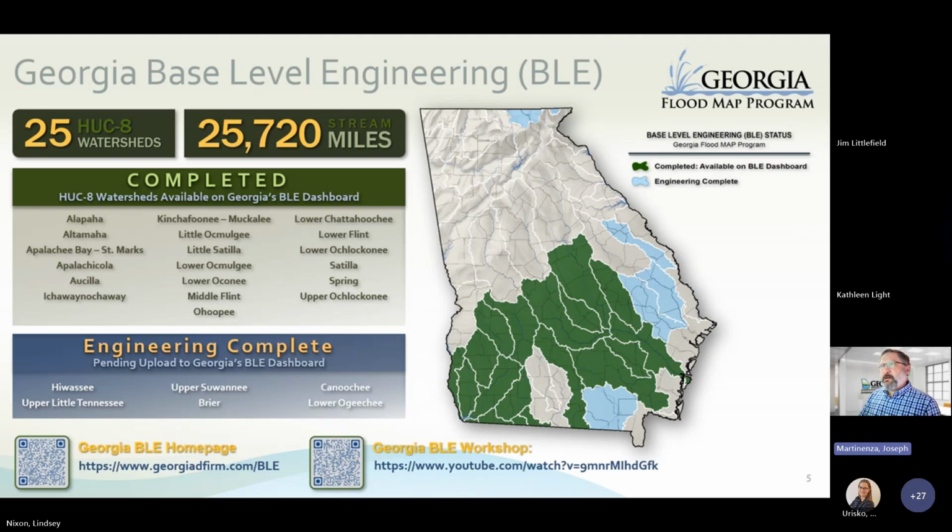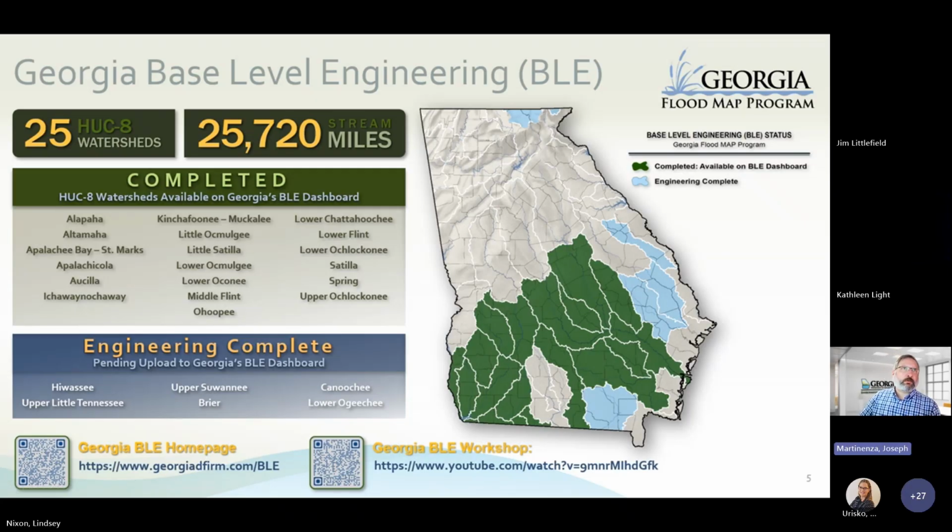So if you're not familiar with those, we're doing basically Grady, Thomas, Decatur, Brooks, Baker, Calhoun, Clay, Dougherty, Early, Lee, Miller, Randolph, Stewart, Terrell, Webster, Seminole, Marion, Schley, Sumter, Crisp, Dooly, Houston, Macon, Taylor, Turner, Worth, Colquitt.